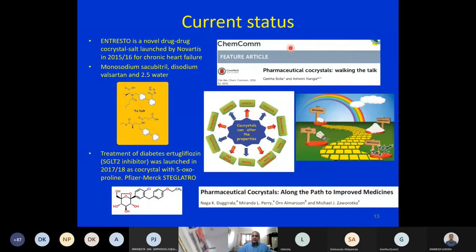So these are the poster examples of salt co-crystal drugs, and they could not have hit the market as a formulation unless they were formulated or developed. The pharmaceutical development happened as a drug salt co-crystal for Entresto, and as a drug co-former complex, or a co-crystal, for etugliflozin.